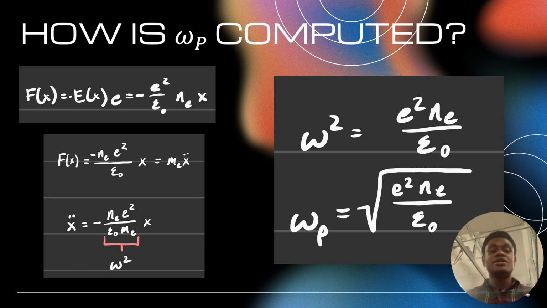So with this knowledge, we apply our understanding of simple harmonic motion, and then we eventually pick out the angular frequency from the equation of motion that we get from the force balance, and we eventually end up with the expression that the plasma frequency is the square root of the charge squared times the number density of the electrons over the electric permittivity constant.